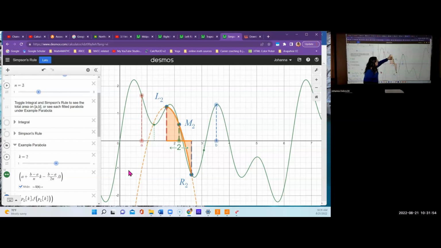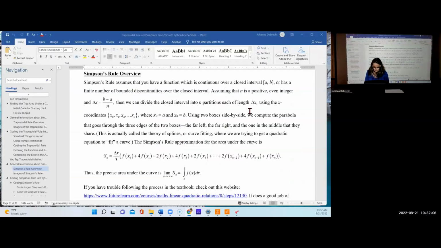And you can see here that they're being used again, and that's because of the algebra involved in finding the area between the parabola and the x-axis. Coming back over here, we can see the formula for Simpson's rule is 1/3 delta x, and here's our pattern, 1, 4, 2, 4, 2, 4, 2, 4, 2, 4, 2, 4, back to 1 again. And that comes from algebra.